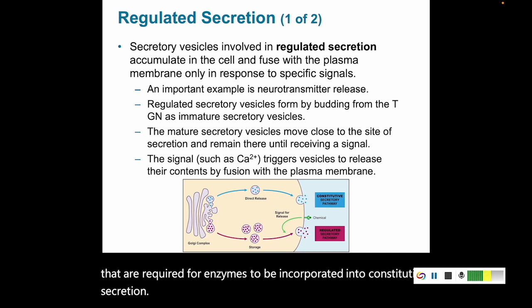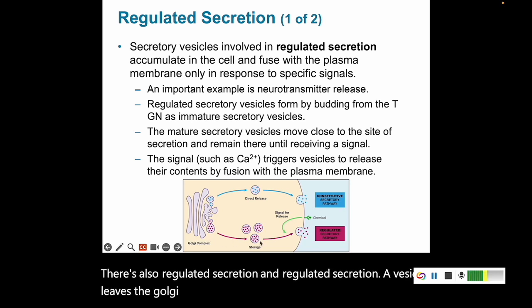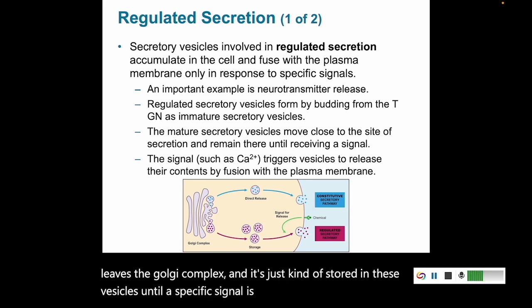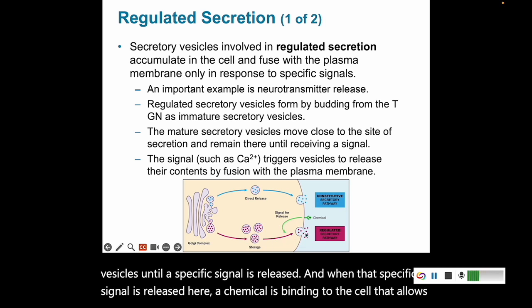There's also regulated secretion. In regulated secretion, a vesicle leaves the Golgi complex and it's just kind of stored in these vesicles until a specific signal is released. And when that specific signal is released, here a chemical is binding to the cell, that allows these molecules to be secreted.